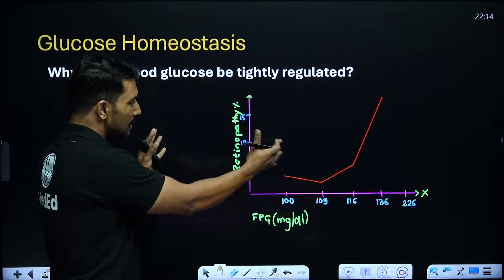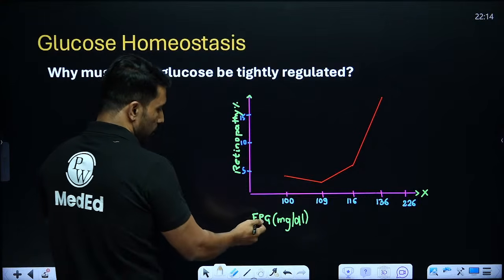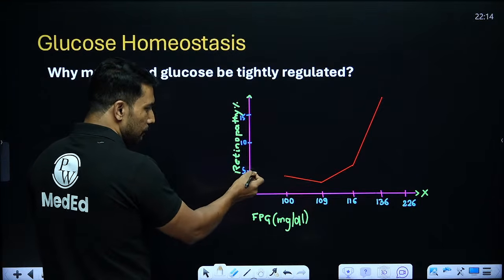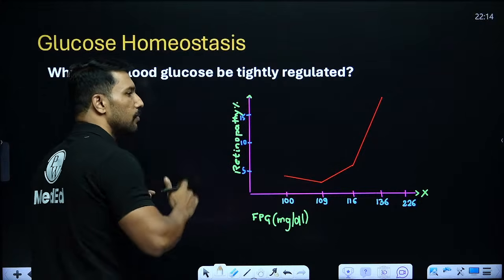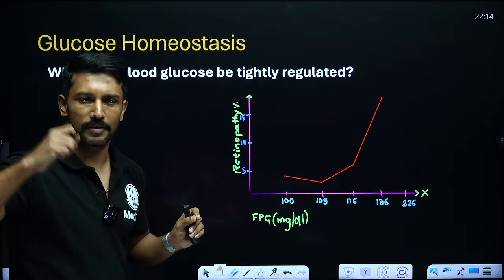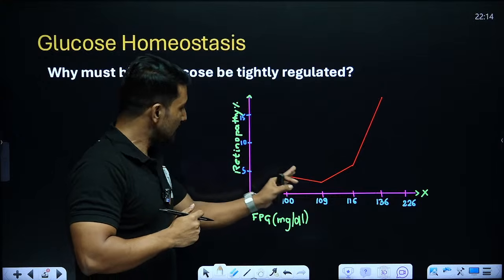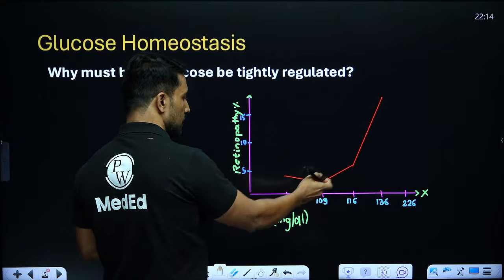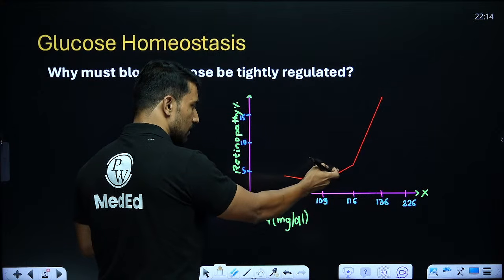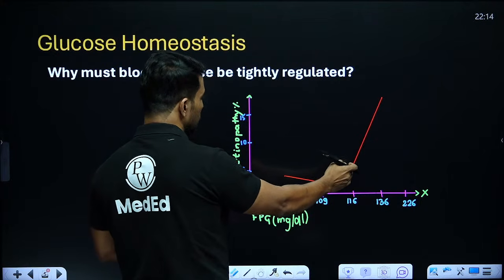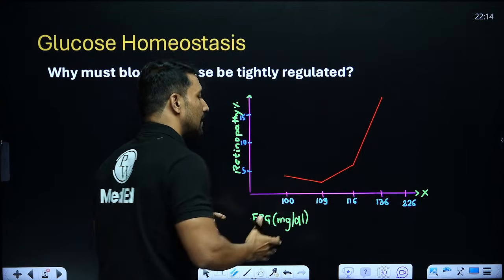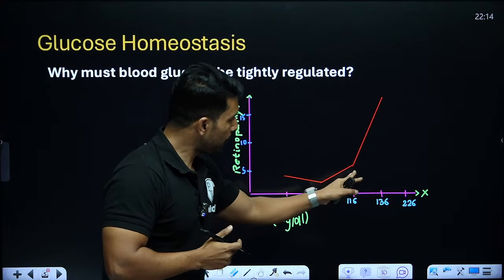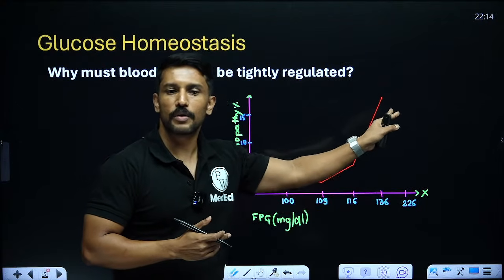When the fasting plasma glucose level was around 100, less than 5% of the patients had developed retinopathy over the long term. As the values start increasing, after 109 the incidence started increasing. After 116 milligrams per deciliter, it started strikingly increasing. So after a certain threshold, the complications because of hyperglycemia go on increasing.